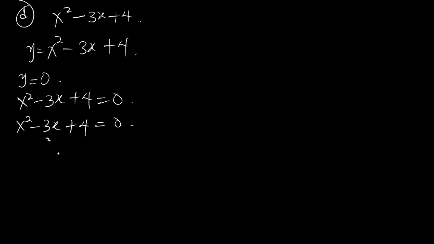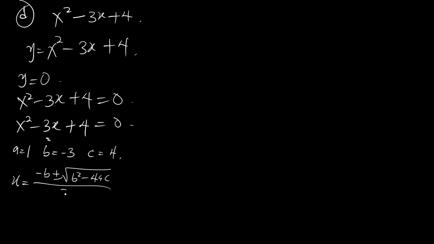Now let's apply the quadratic formula. You have a equal to 1, b equal to minus 3, c equal to 4. Now x will be equal to minus b plus or minus the square root of b squared minus 4ac all over 2a.